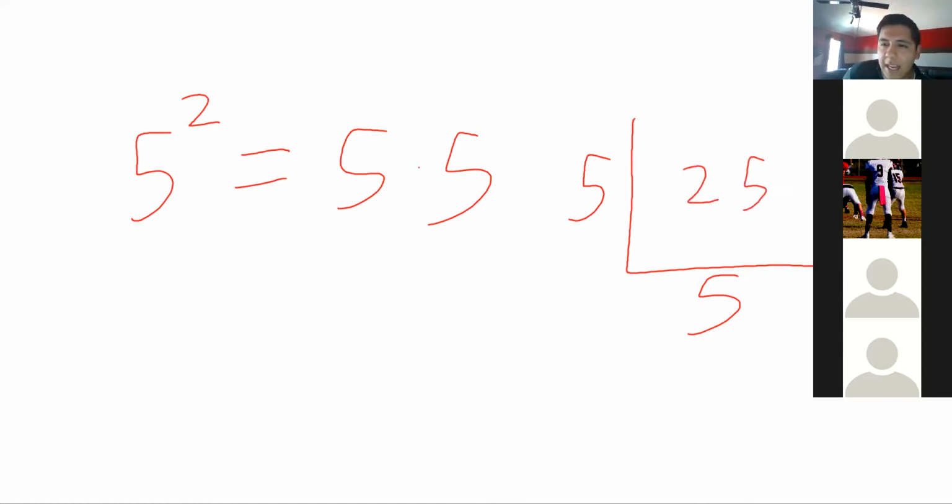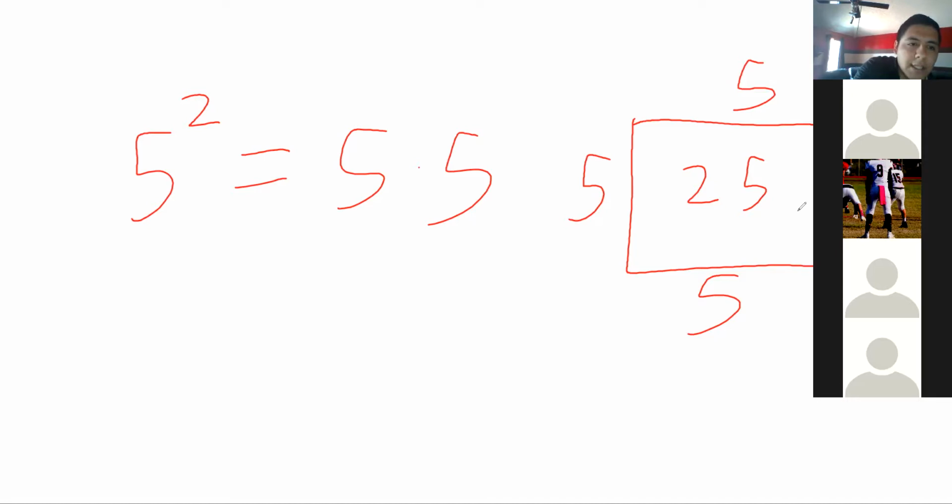But the area of what kind of shape? What would that make if we have two sides that are the same? A square. Exactly. If two of the sides are the same, that means all the sides are the same, right? So that's why we call it squaring, okay? Because when we square a number, we're literally creating a square with an area of 25, right?